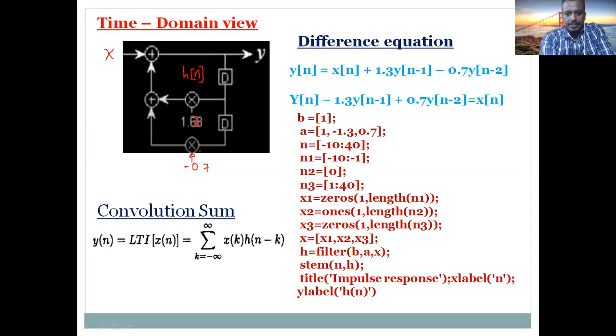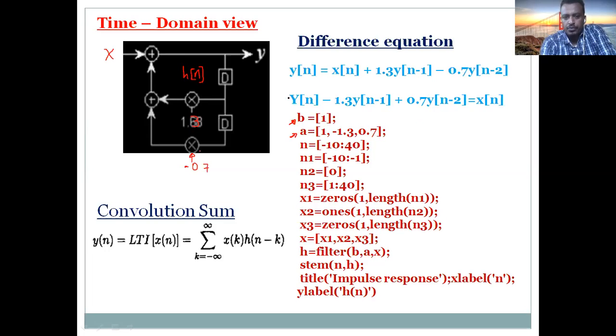so this is our MATLAB program. Here you see b, variable b is the coefficient of input in our difference equation. So what is the coefficient of the input side, x of n? Only 1, right? A is the coefficient of the output side in your difference equation.